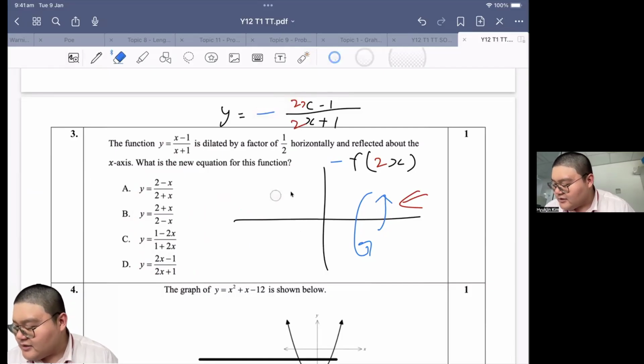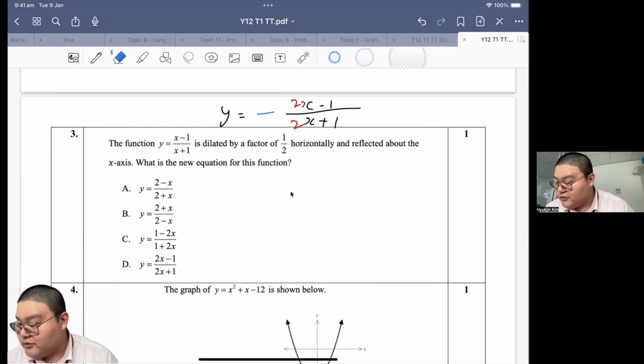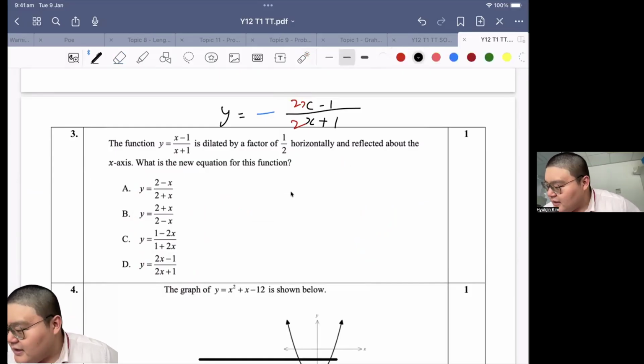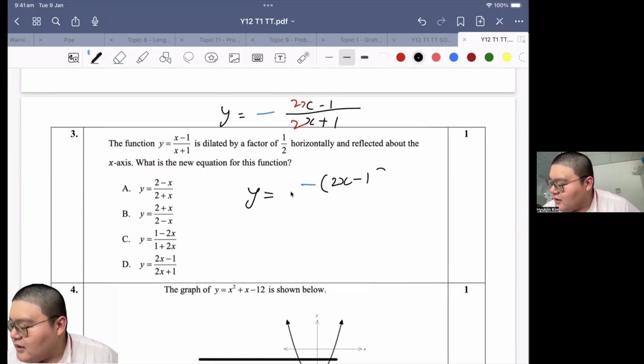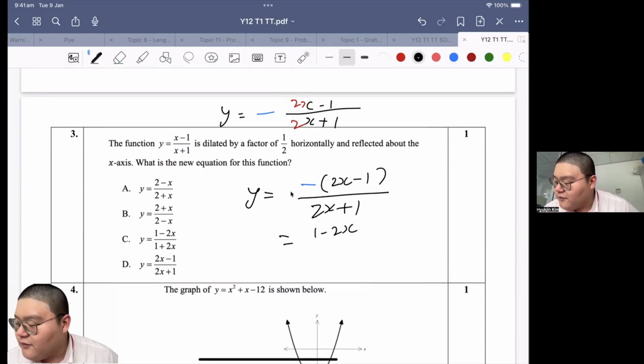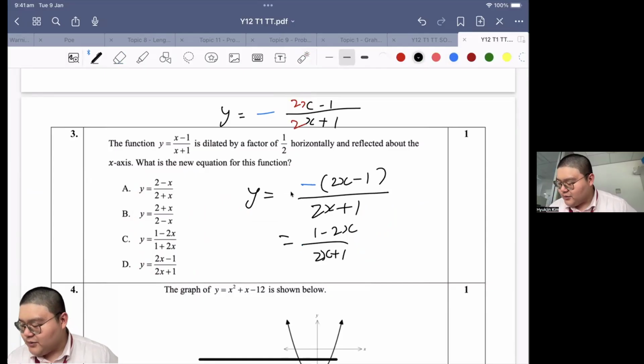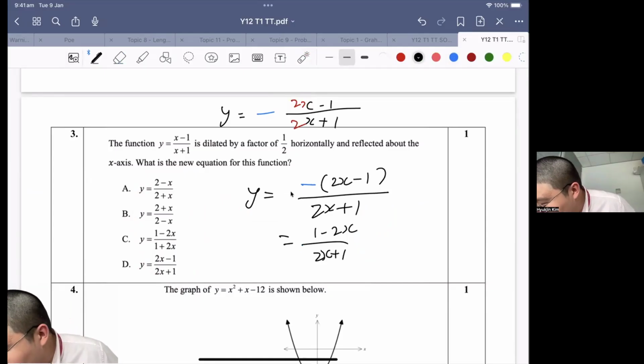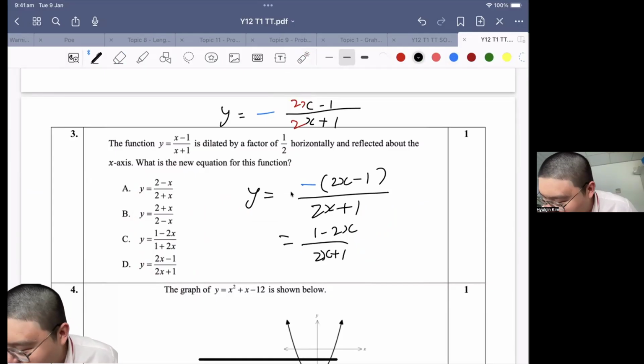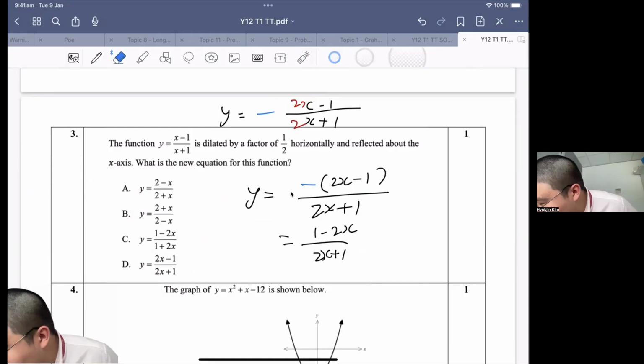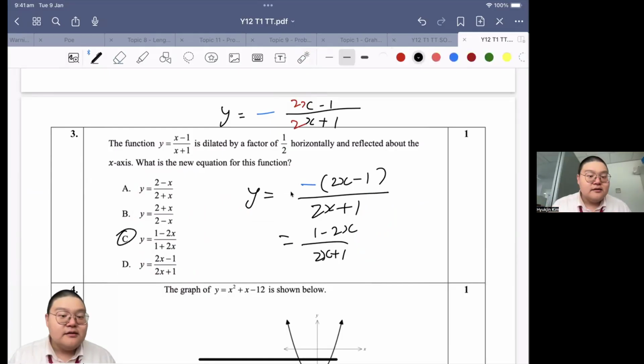I'm going to erase this because my worked solutions will have everything included anyway. So it's the same as y equals negative bracket 2x minus 1, all divided by 2x plus 1. This is the same as 1 minus 2x over 2x plus 1. Which one's that? I actually can't tell. Which one is it? Oh, wait a minute. That's not D. Oh, C.